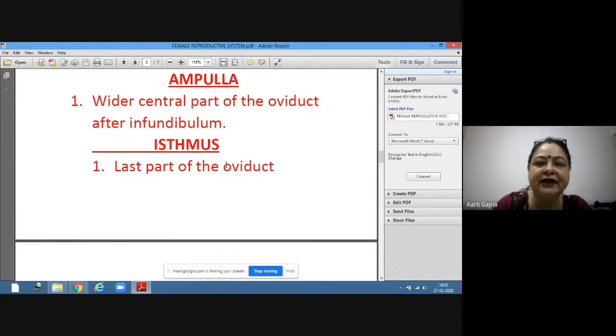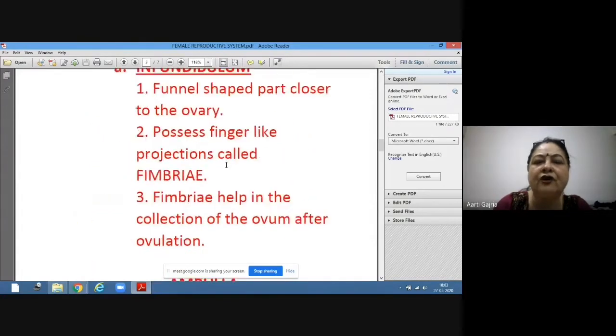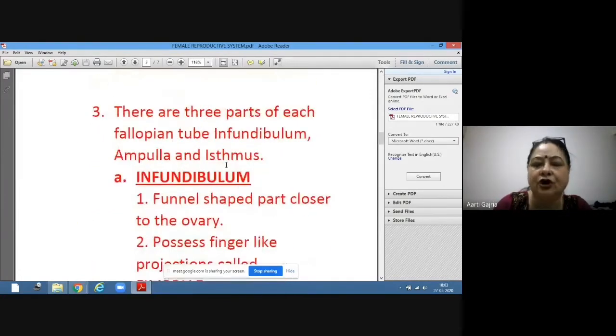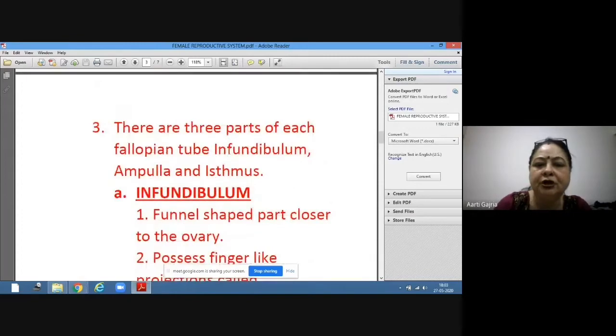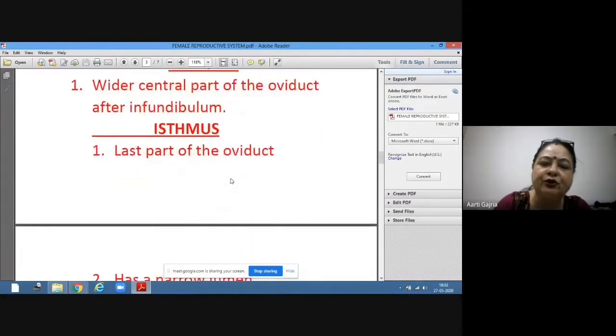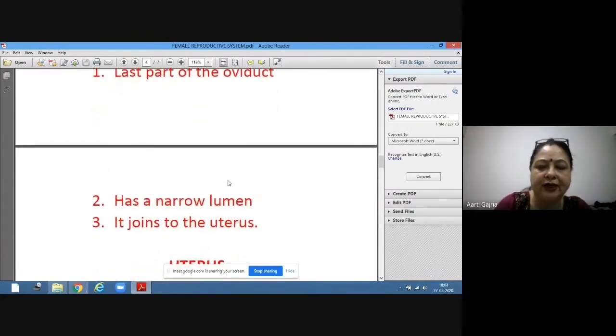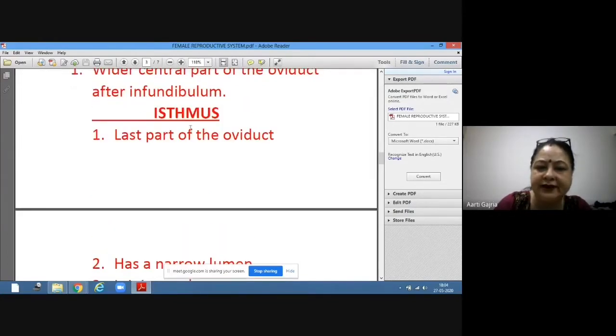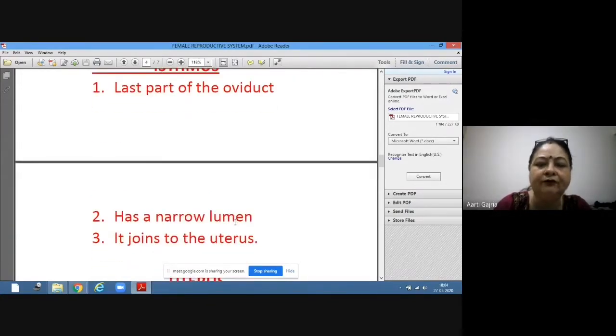So these are the 3 parts of oviduct or fallopian tube: infundibulum, ampulla, and isthmus. Infundibulum is the part which is closer to the ovary, and isthmus is the part which is closer to the uterus. It has a narrow lumen. This isthmus is having a narrow lumen, and it joins to the uterus.